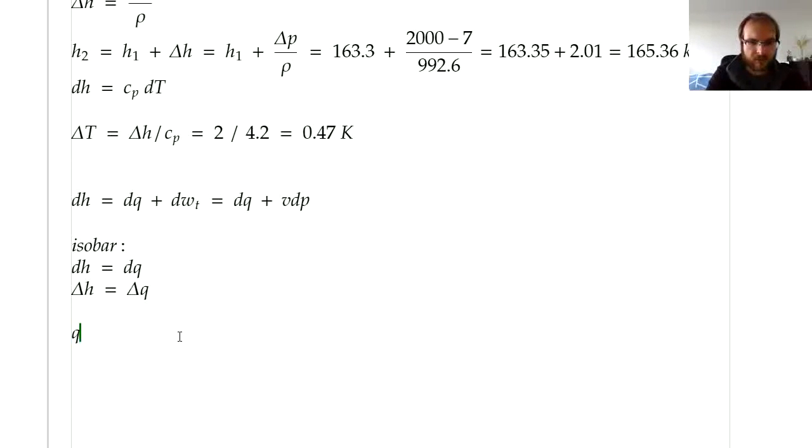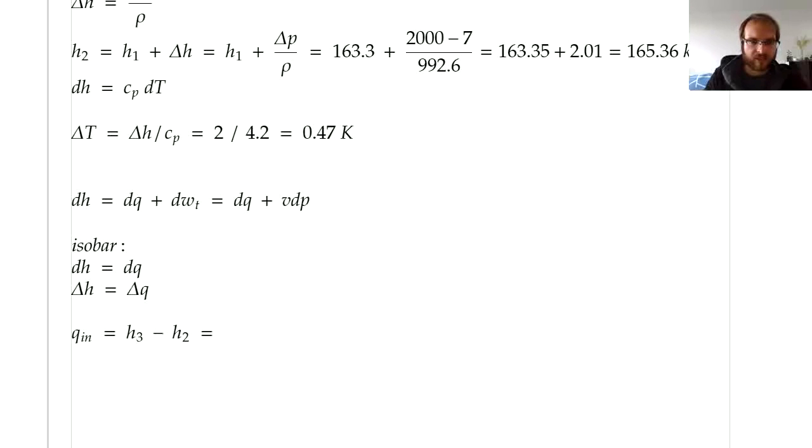So the heat input into the system we can write as change in the enthalpy, enthalpy 3 at the end of the heating process minus enthalpy 2 after pump at the beginning of the heating process.